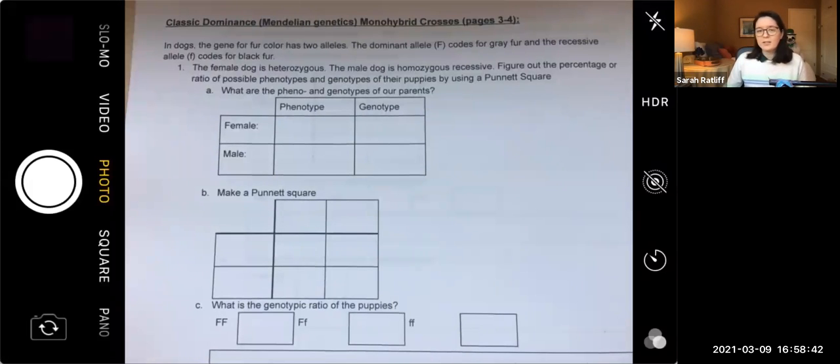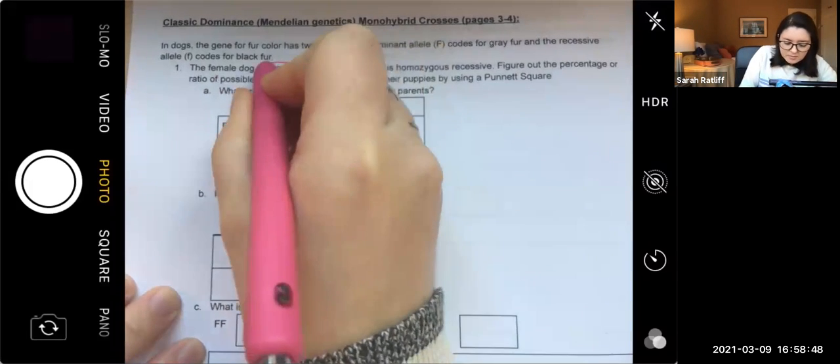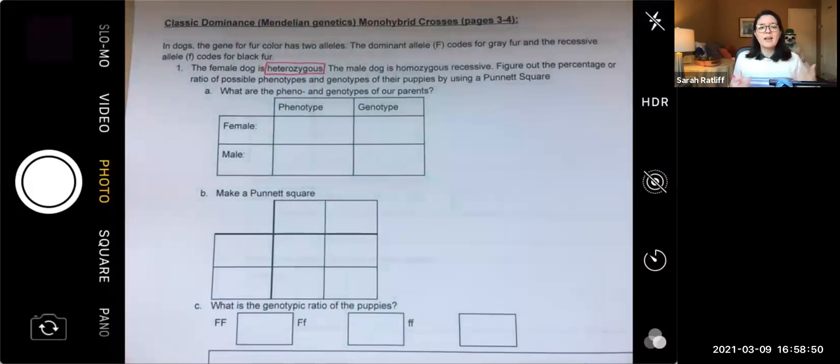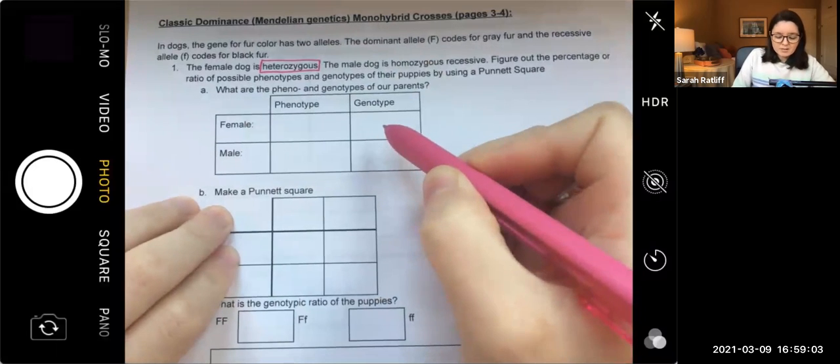So right off the bat, our female dog is heterozygous. Hetero means different, so she'll have different capitalizations for her alleles. In our little first table here for 1A, we can fill out her genotype.